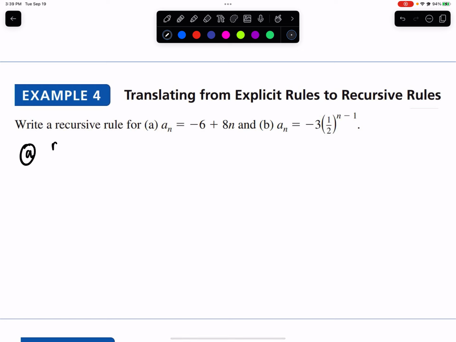What I'm going to do is fill in my table. And we don't have to go very far. So if I plug in 1 for n, my first term, I'm going to get negative 6 plus 8 times 1.